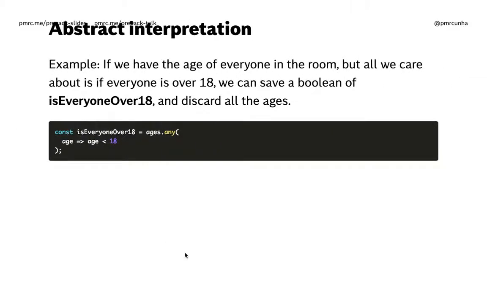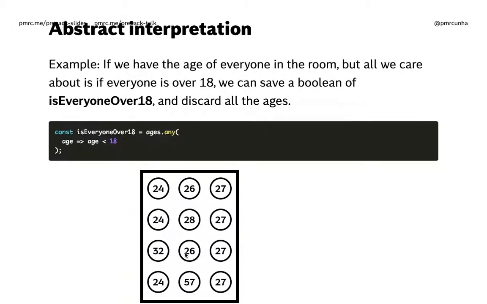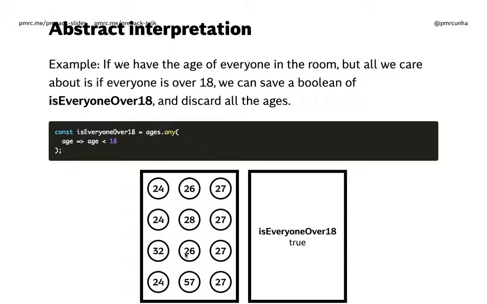So an example is we have an array with the age of each one in this room, but what we actually care about is if we're all over 18 because we're serving beer or something. We don't need to keep all the information about the ages of everyone. We can represent something that is as relevant to our program just by having a Boolean instead of all that data.